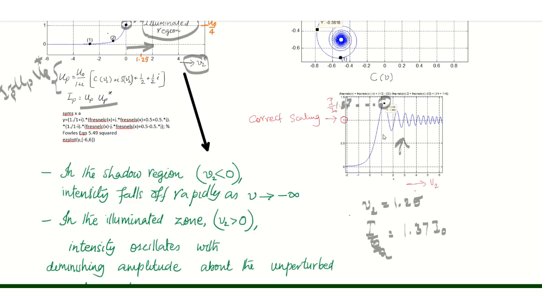It's higher than the actual, and after all this oscillation, it's going to settle down to the original intensity as V2 goes to infinity.